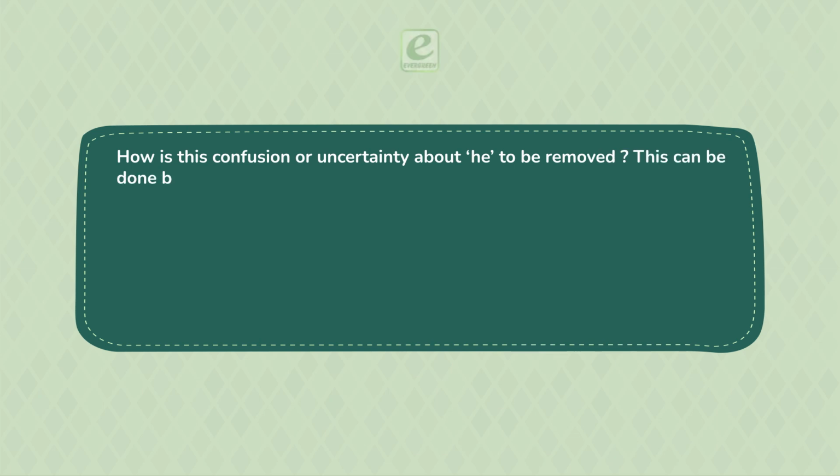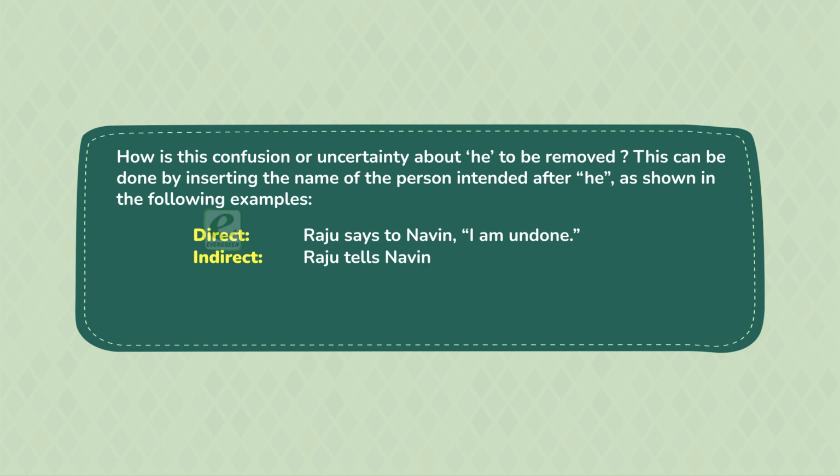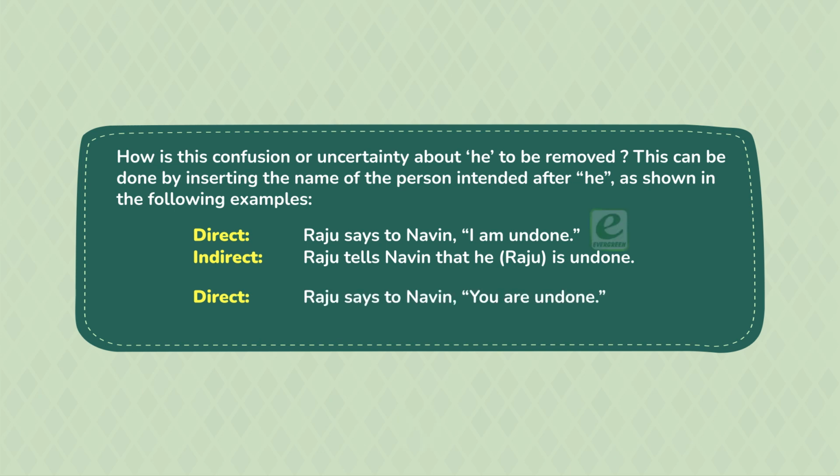This can be done by inserting the name of the person intended after he, as shown in the following examples. Direct: Raju says to Naveen, "I am undone." Indirect: Raju tells Naveen that he, Raju, is undone. Direct: Raju says to Naveen, "You are undone." Indirect: Raju tells Naveen that he, Naveen, is undone.